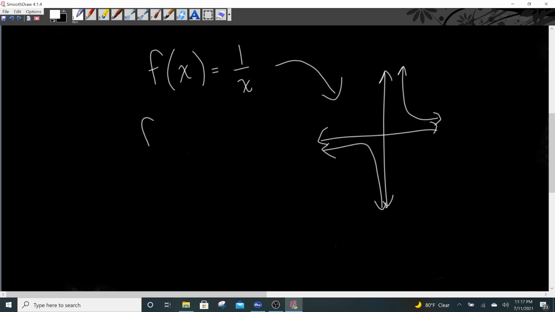Let's try direct substitution. Well, not direct substitution, but we'll think about it in terms of direct substitution. We have the limit as x approaches, we'll keep it positive, as x approaches infinity of 1 over x. I've been using f of x all this time, we might as well keep that notation. F of x, well, what is this?